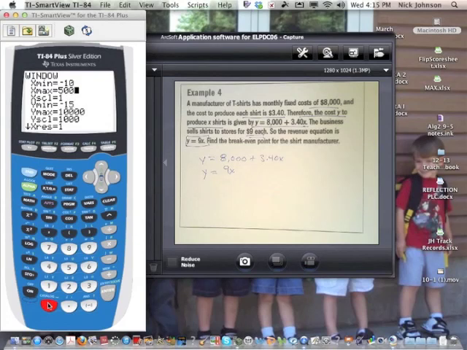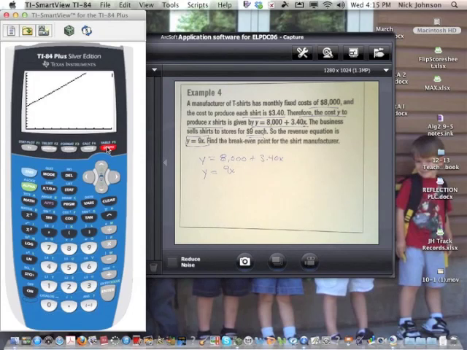Hopefully this will take care of it. And I'm going to go up by 500 here on my X scale. Let's go to 20,000 on my Y max. Once again, we're making t-shirts. And here's where they intersect. It might take you several times to change your window. You never know.